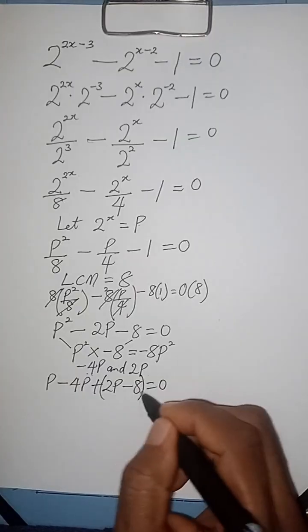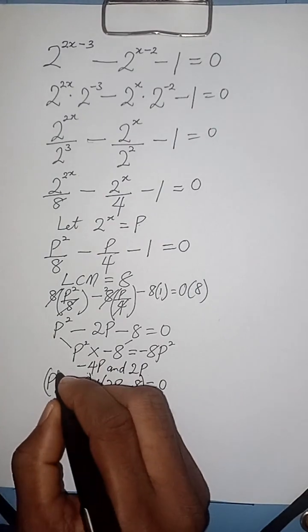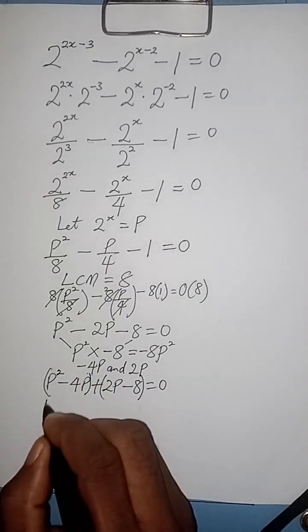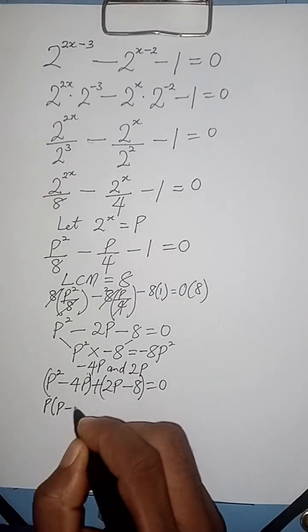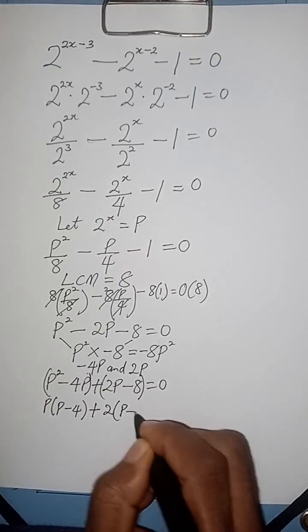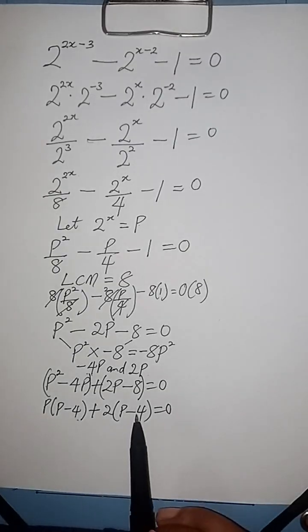So let's factorize. If you don't know, you can check out my other factorization videos. This is p squared. So what's the highest common factor here? It's p. So you're left with p minus 4. Highest common factor is 2. You're left with p minus 4. So if you want to know you are correct, what you have in this bracket must be the same here.